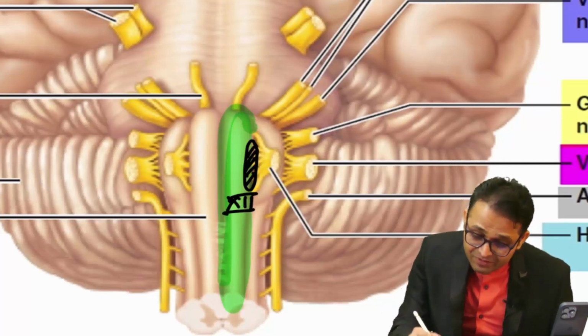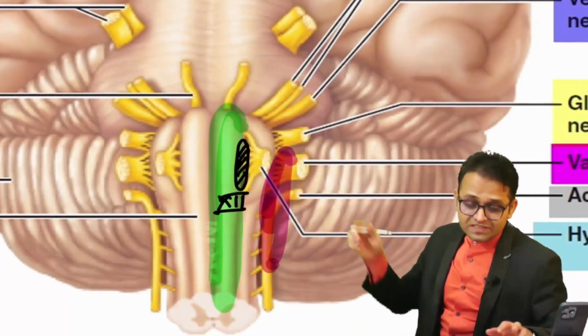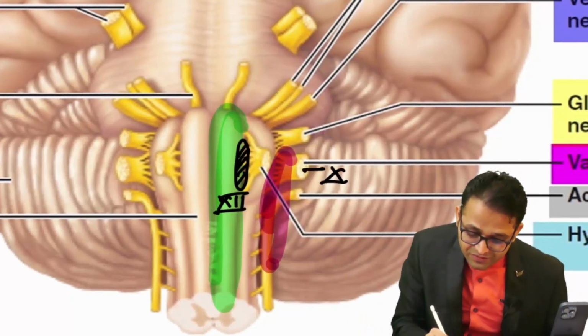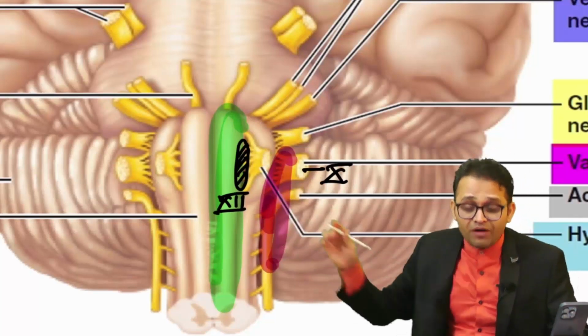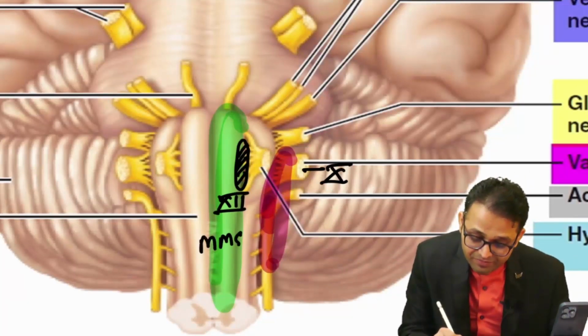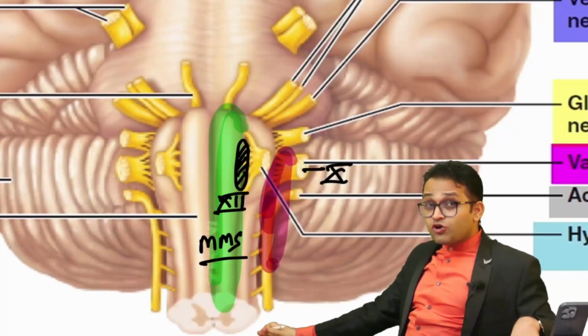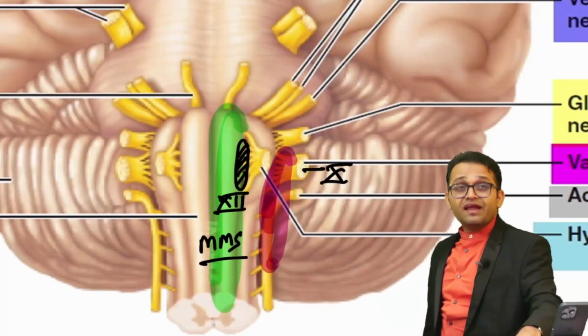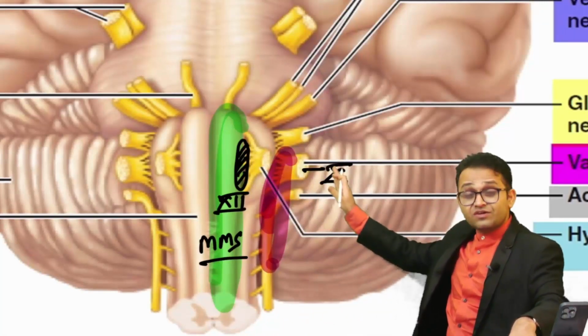But if there is damage to the lateral part of the medulla, mainly which cranial nerve? Sir, there is the 10th nerve. So damage to the midline part of the medulla is the medial medullary syndrome. It is affecting the general somatic efferent column of the midline. And you can see the lateral part of the medulla where mainly the 10th nerve is.